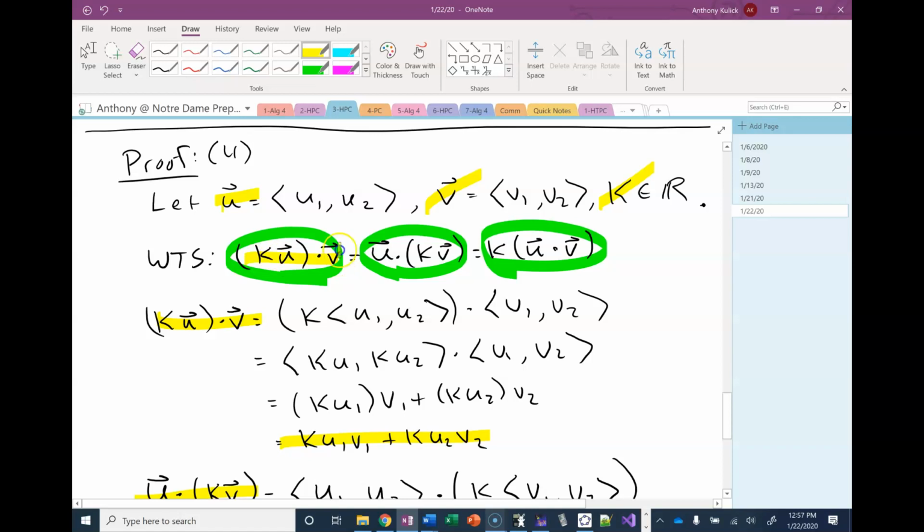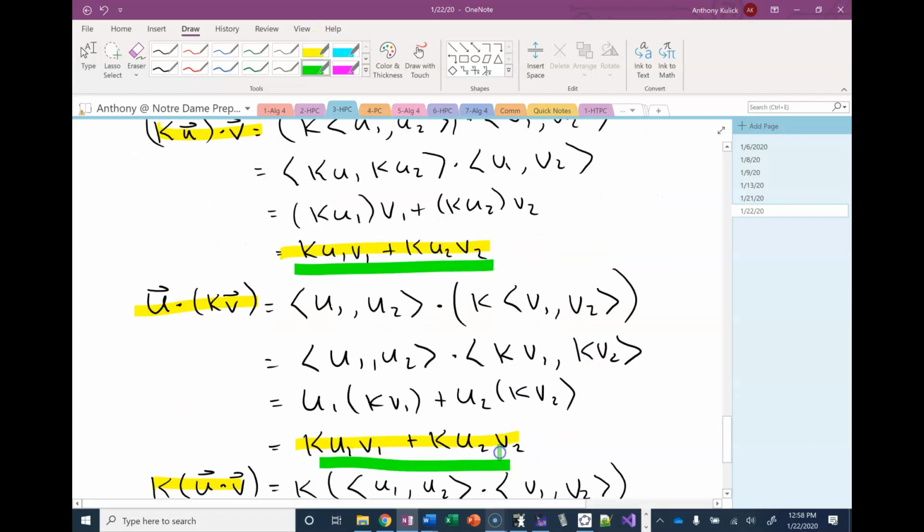What I then did is I computed this, and I got that. I computed that, and I got the same thing. So what does that tell me? No, that those two are equal, right?